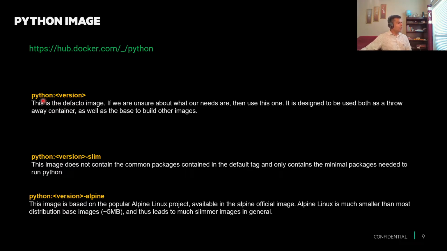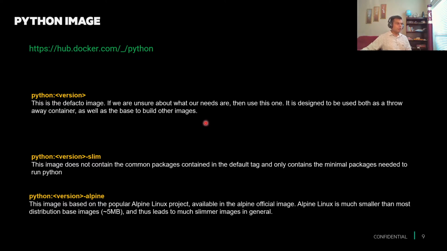So we will be learning about Python, then we can specify the tag as a version. We are just saying that Python use this particular version. We can say 3.10, 3.8, or any other version. This is the de facto image. It comes with all default Python installation packages.